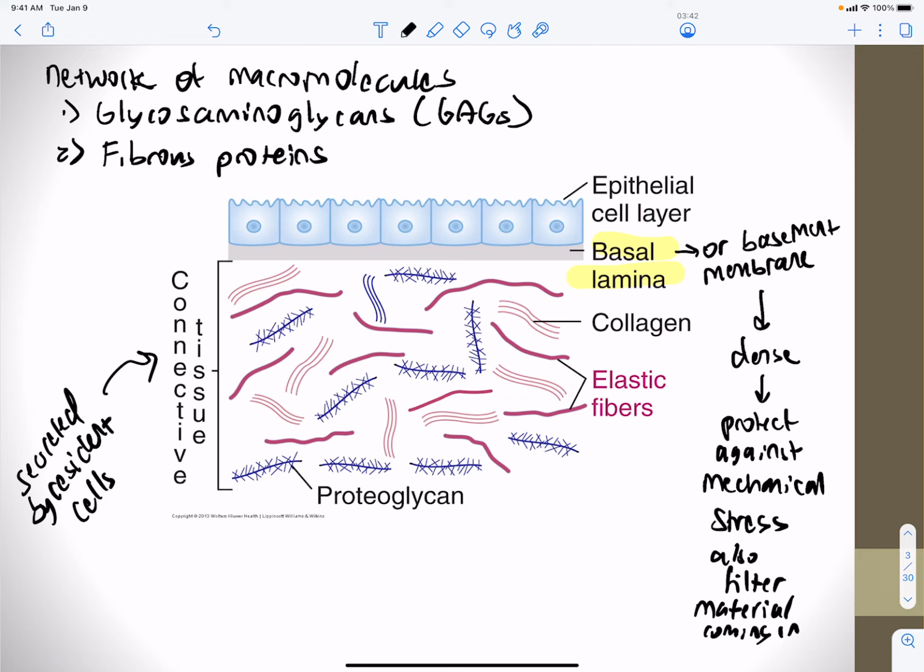So in general, your extracellular matrix is going to be a portion that can help cells bind to areas, help cells migrate, which is going to be critical for your immune system. Those are one of the more migratory types of cells. You also have a special type of basement membrane in the kidney, your glomerular basement membrane.